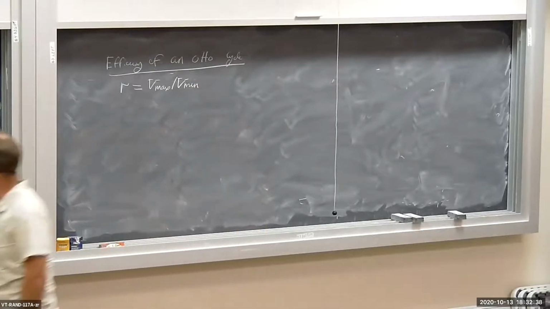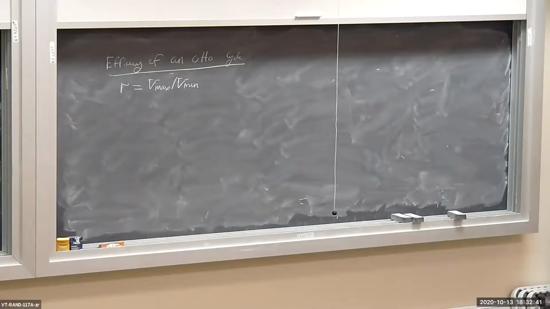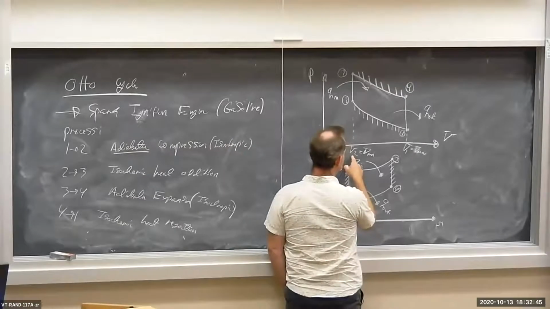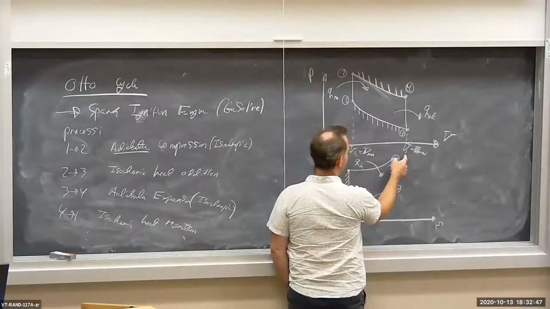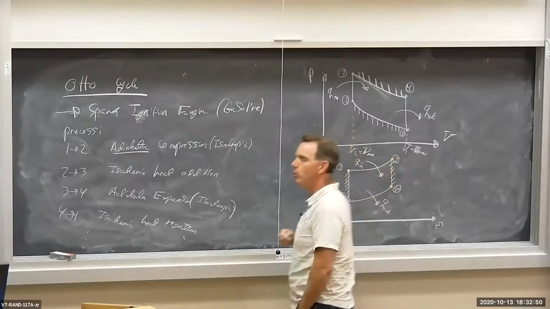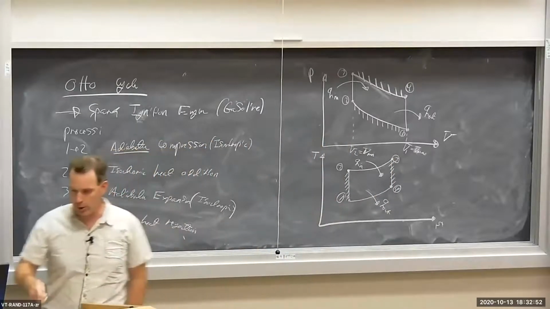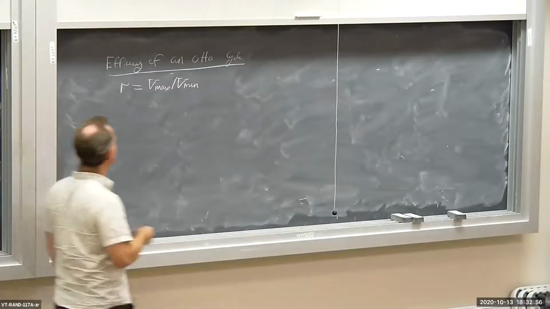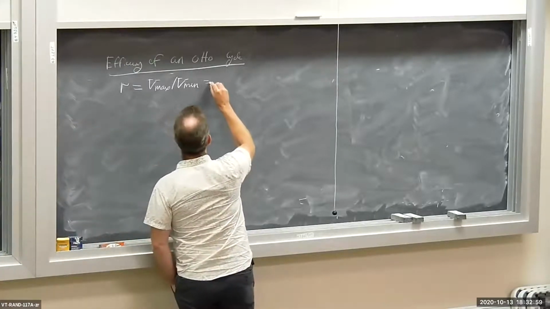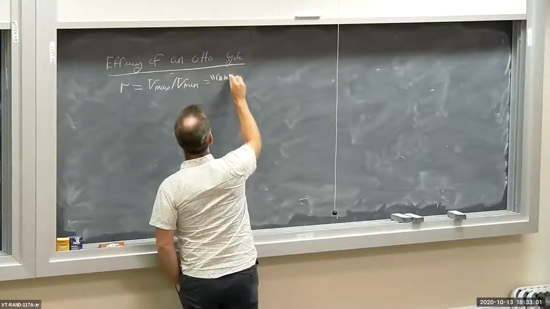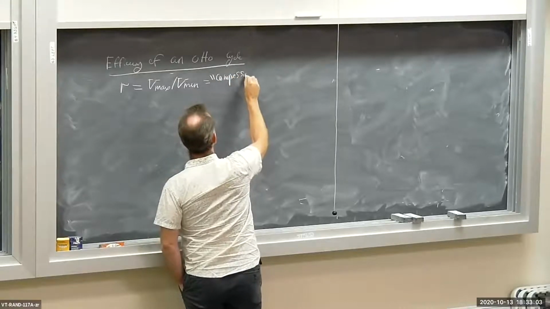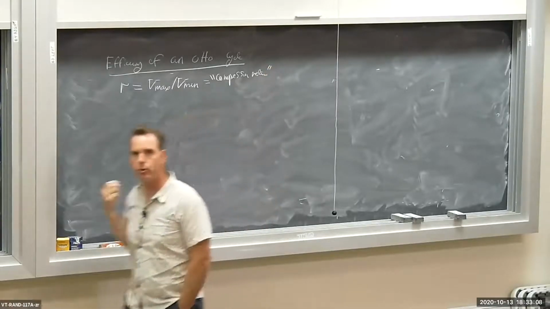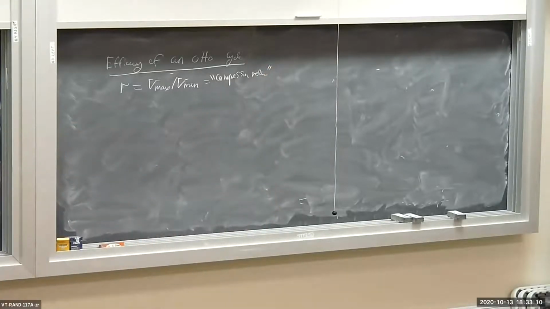So let's go back and look here at the PV diagram. We have a minimum volume at V2 and a maximum volume at V1. And so the ratio of the two, we're calling that the compression ratio. That's going to be an important quantity here in just a moment. We'll talk about that in just a minute as soon as we get to the actual expression for efficiency.